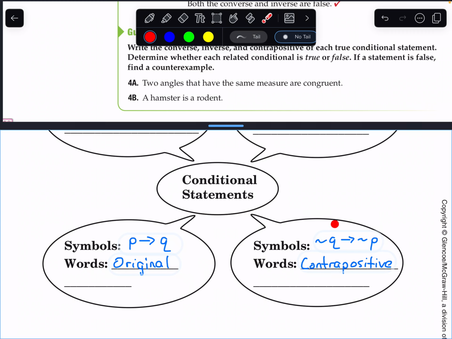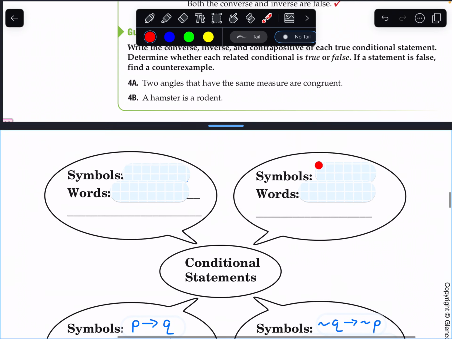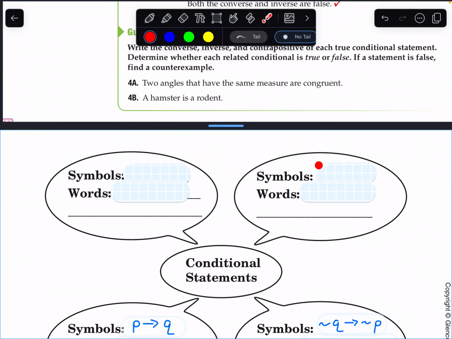Symbolically, not Q implies not P. Notice that I have negated both of them and exchanged their positions. The other 2 conditionals are the inverse, symbolically negated, not P implies not Q, and the converse, which is exchanged from the original, symbolically Q implies P.